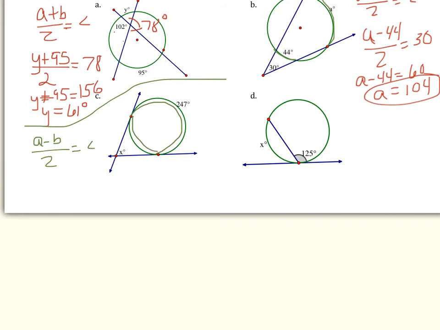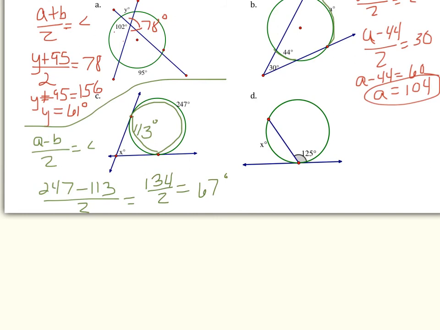So if I take 360 minus 247, I'm going to get 113. Now we just use our new rule, which is 247 minus 113 divided by 2. And that's going to get me my angle. And that just comes down to 134 divided by 2, which is going to equal 67 degrees.